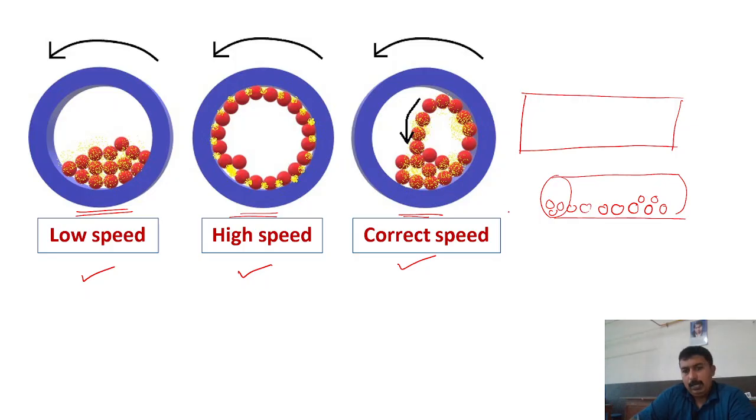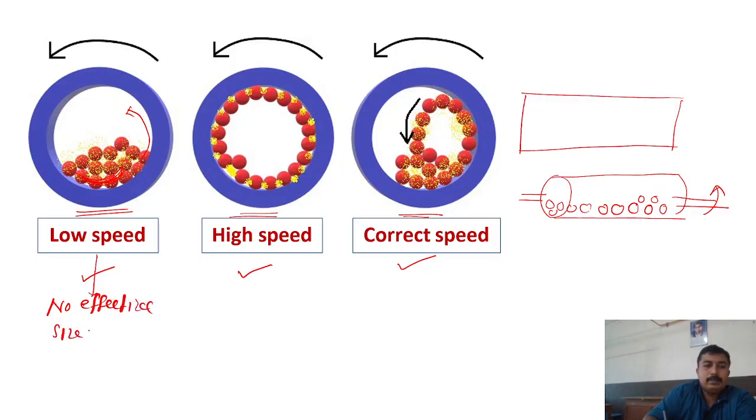So at low speed, what will happen? If the drum rotates at low speed along the longitudinal axis, the balls will not be lifted towards the top of the drum. Balls will just glide over each other, and effective size reduction will not take place.